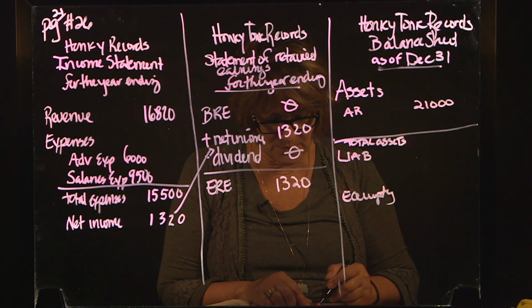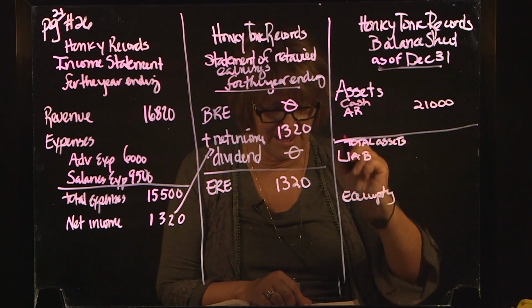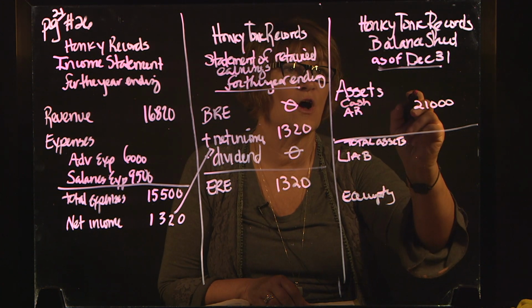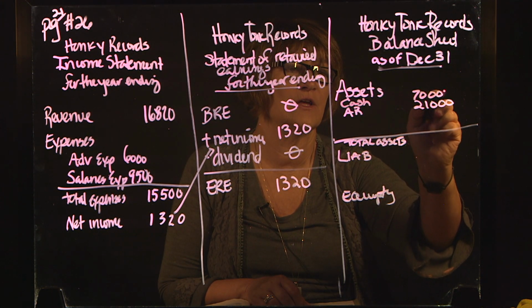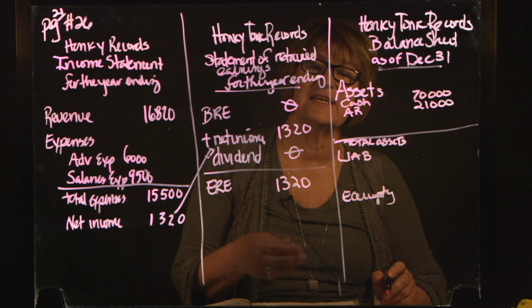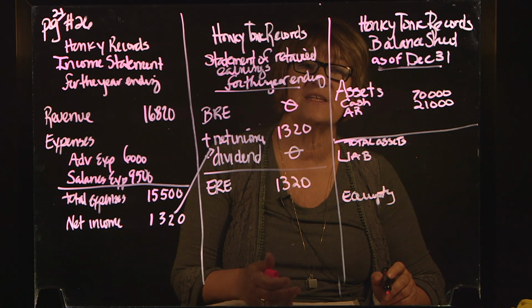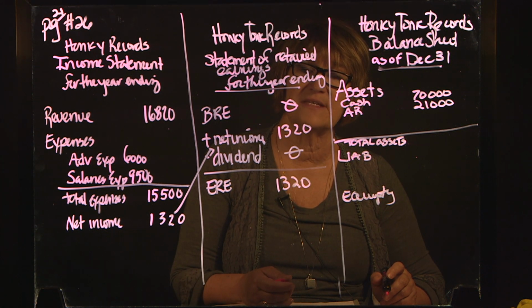Cash is another one. Cash always goes first, even though they don't have it in order. Cash is always your first account on your balance sheet. What you like to do for the balance sheet is list the accounts by how liquid they are, which means how quickly you can make them into cash.